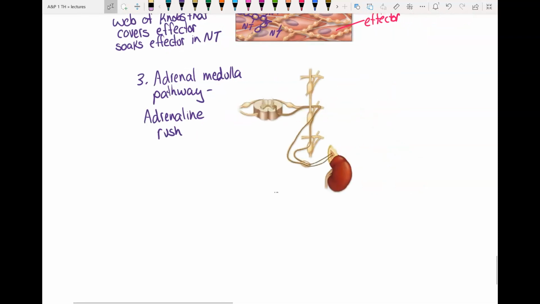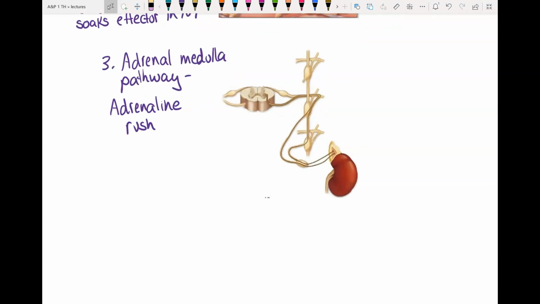So if we look closely at this picture, remember the brown and the blue for preganglionic and postganglionic. Notice here from the spine all the way through this path out here to the adrenal medulla is preganglionic. So this is this one long preganglionic axon.